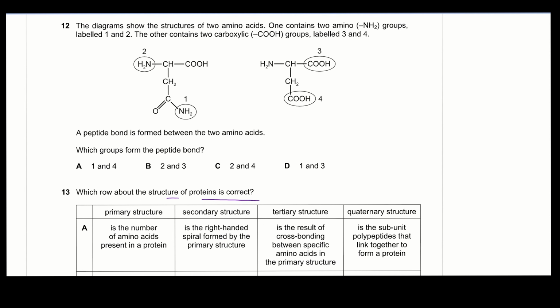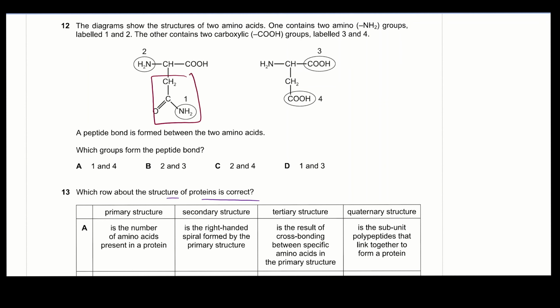12. The diagrams show the structures of 2 amino acids. One contains 2 amino groups, labeled 1 and 2. The other contains 2 carboxylic groups, labeled 3 and 4. A peptide bond is formed between the 2 amino acids. Which groups form the peptide bond? So you have to pay attention to something.